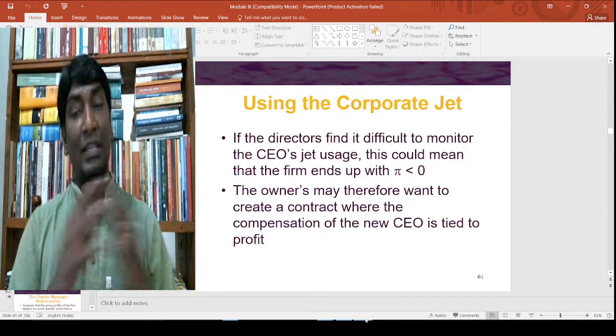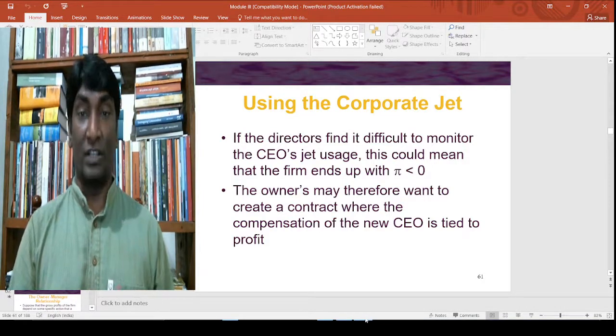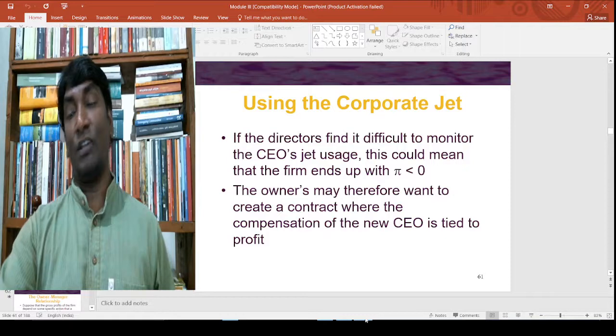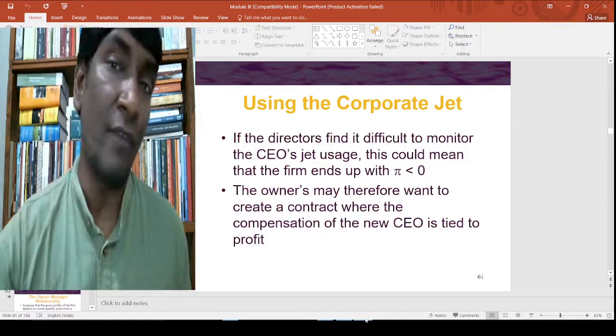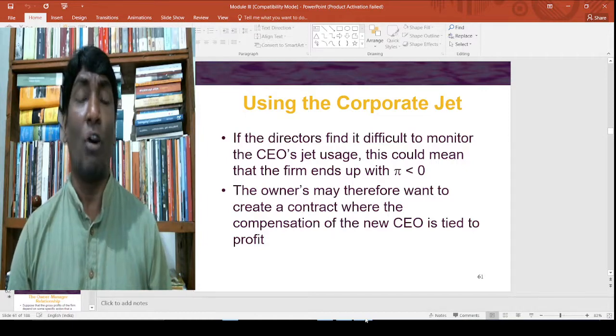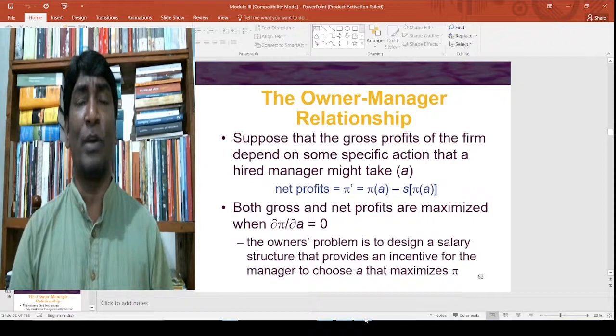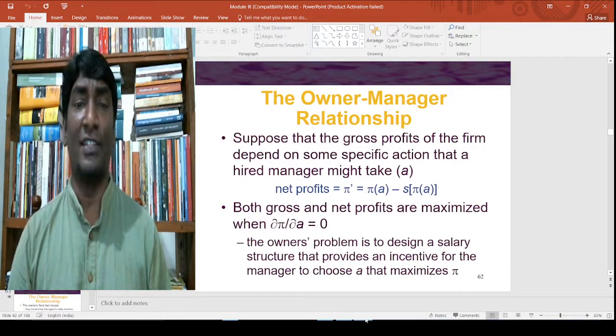So the owner may therefore want to create a contract where the compensation of the new CEO is tied to profit. If you have a higher profit, then you will get a higher reward. Normally this happens with corporate firms, and this case is also from a corporate case.